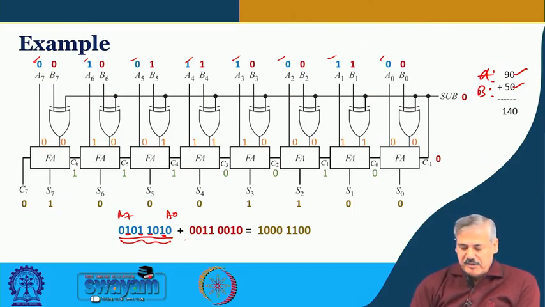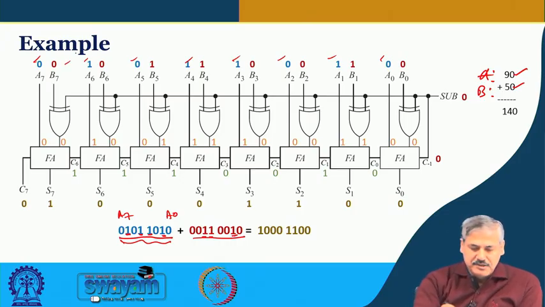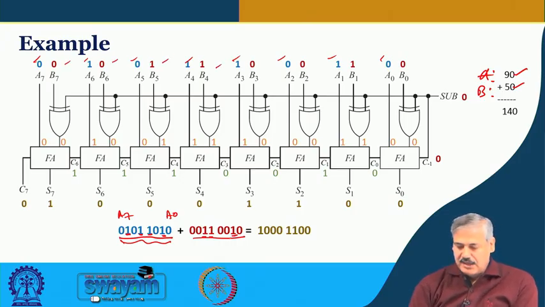For 50, we have to convert it first to binary. This is 32 plus 16, that is 48, and this is 2, that is 50. This is in a different color, this is B7 to B0: 0 0 1 1 and 0 0 1 0. So this is what is placed here.